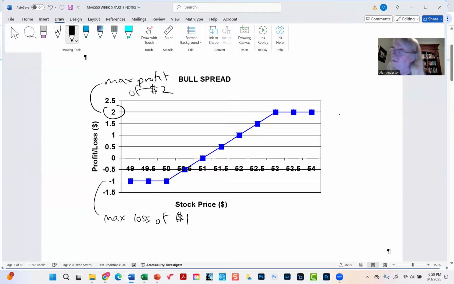I could have just bought the 50 strike call in the first place for $3, but that means it costs three times as much, but then I keep all the upside potential. I'm basically saying that I don't expect the price to go much above 53. Otherwise, I wouldn't be bothering with this. So it's a cheaper alternative.